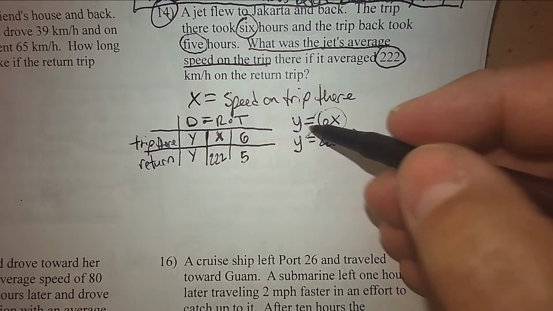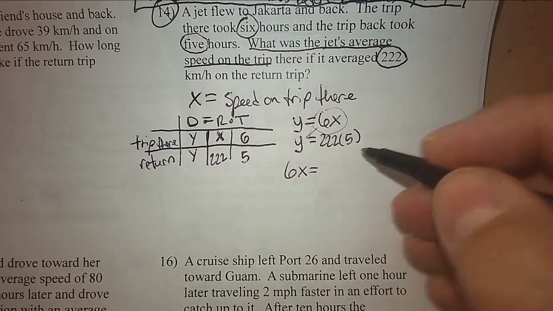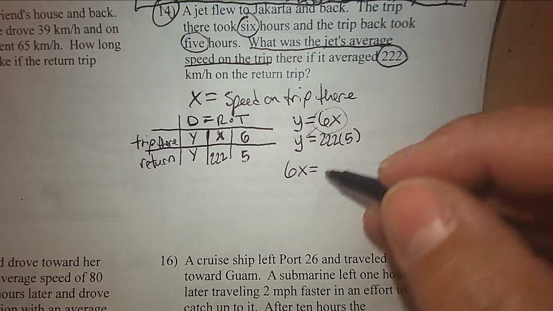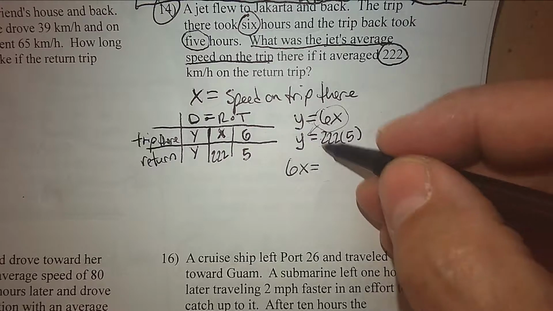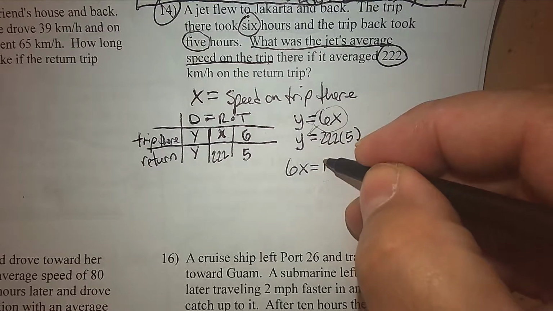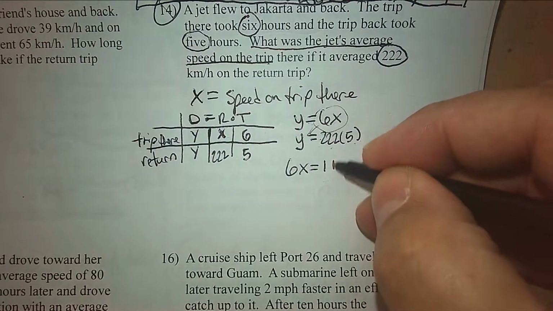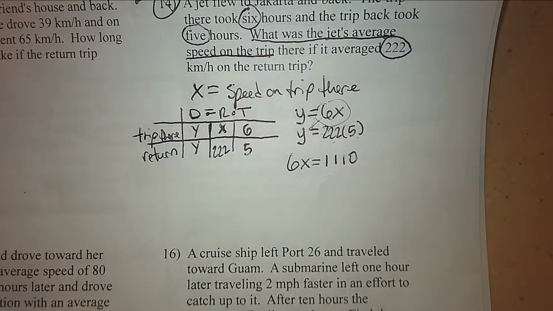Because they're both equal to y, I can make them equal to each other. 222 times 5. Is that okay? Do you see 200? So 200 times 5 is 1,000. 20 times 5 is 100. And 2 times 5 is 10. So it's 1,110.